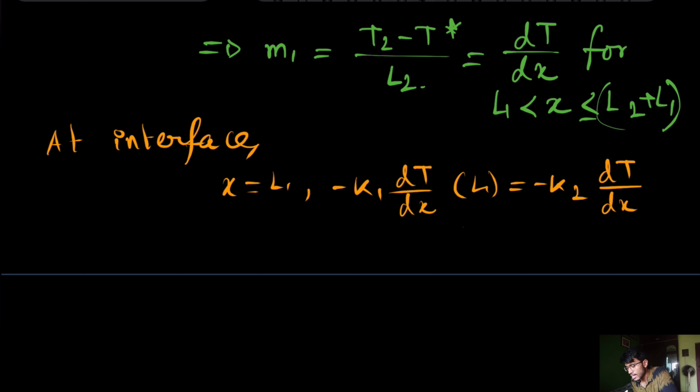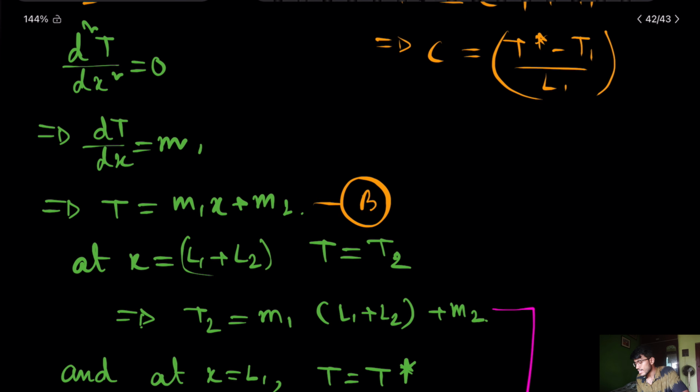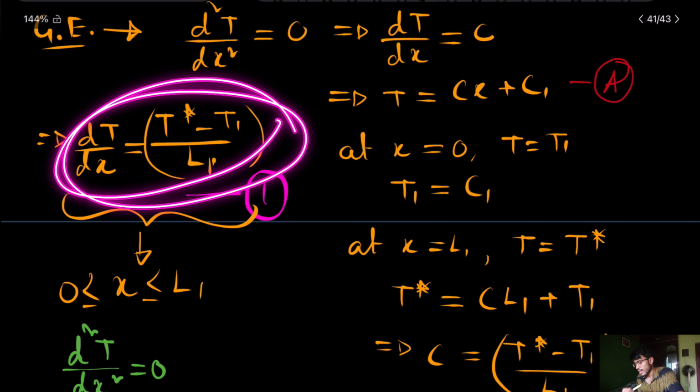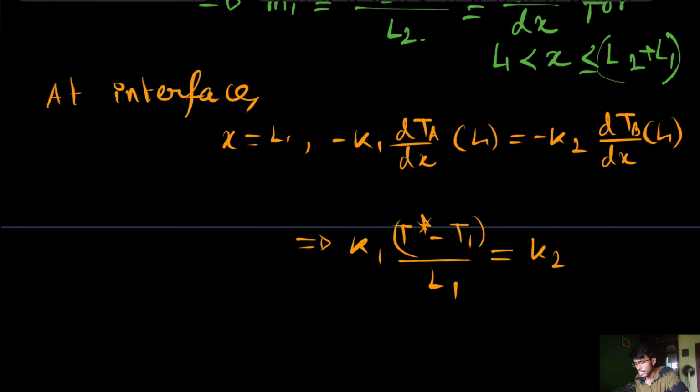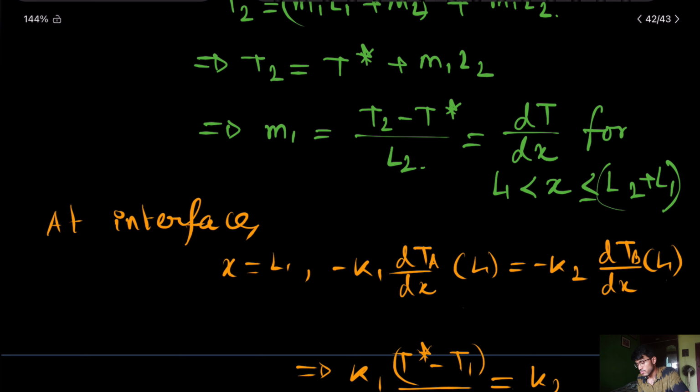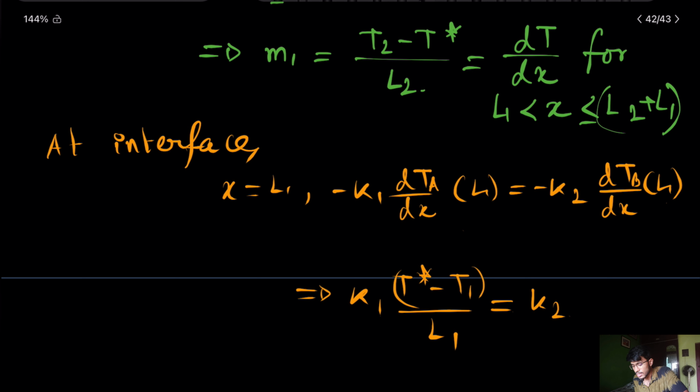Let me write it as T subscript A, the temperature profile for block A, and block B at x equal to L1 as well. Then k1, now dTA/dx is T star minus T1 by L1, and this will be equal to K2 into dTB/dx, which is T2 minus T star by L2.